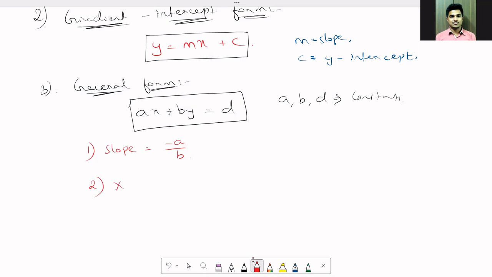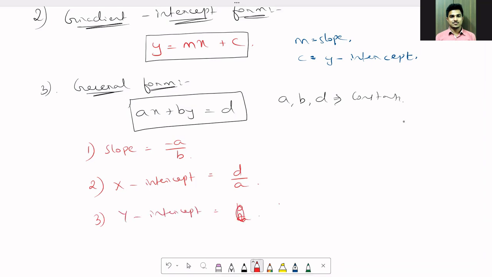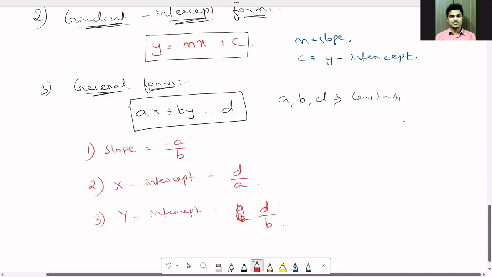Secondly, I can conclude about the x-intercept. I can say that my x-intercept is d upon a. And third, I can conclude about the y-intercept. The y-intercept over here will be d by b. So these are the three things I can derive from the general form.